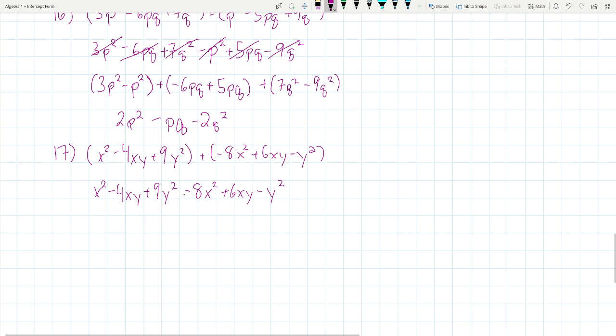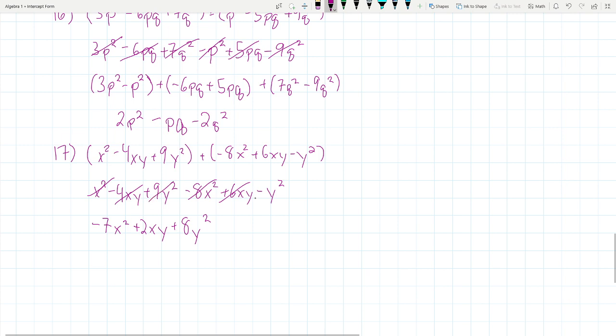Combine like terms: x squared and negative 8x squared gives me negative 7x squared. Negative 4xy plus 6xy gives me positive 2xy. 9y squared minus y squared is a positive 8y squared.